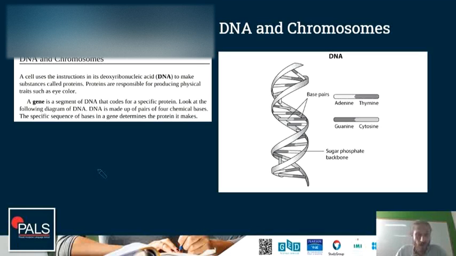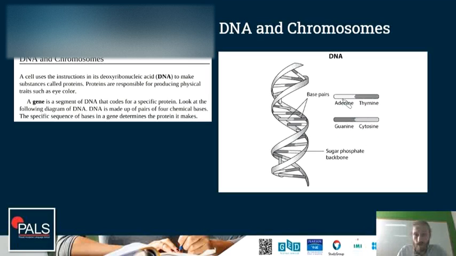So if we look at the following diagram of DNA, DNA is made up of 4 DNA bases or chemical bases, which are called adenine, thymine, guanine, and cytosine.